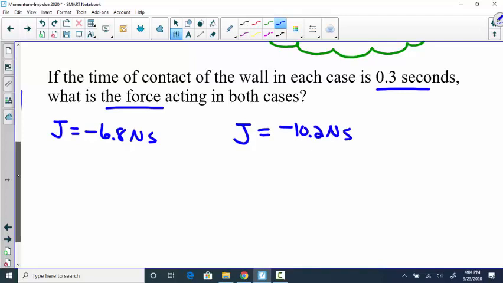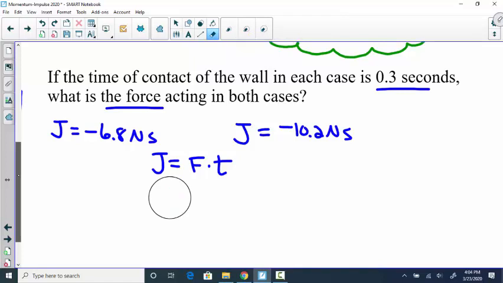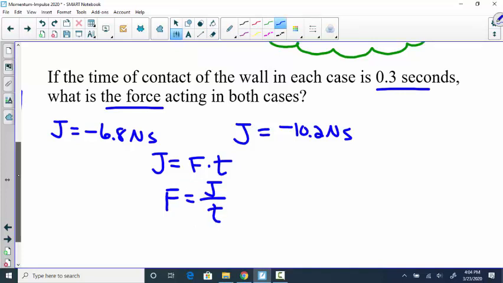10.2 Newton seconds. And we just want to find the force, and what we can remember is impulse is just force times time. So I want the force. Force is the impulse divided by the time.